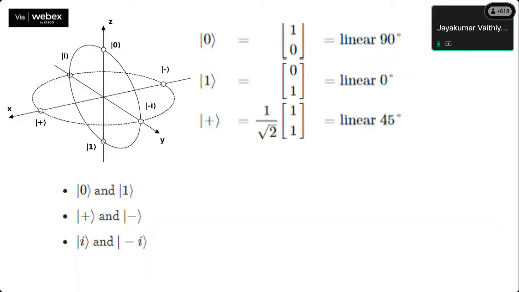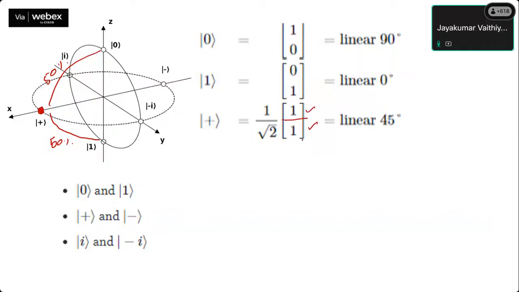Now look at the positive state. It exists exactly between the north pole and south pole, 50% away from state 0 and 50% away from state 1, exactly on the equator. That is why both components are there.